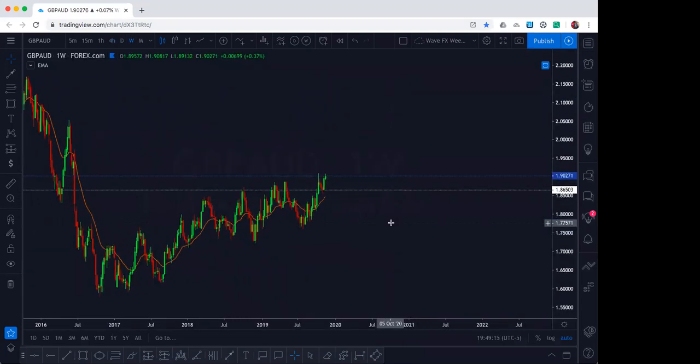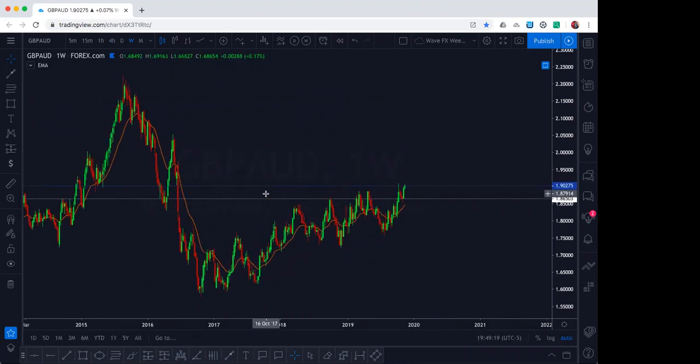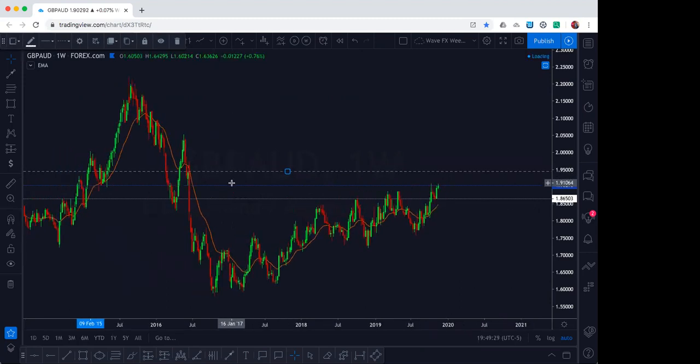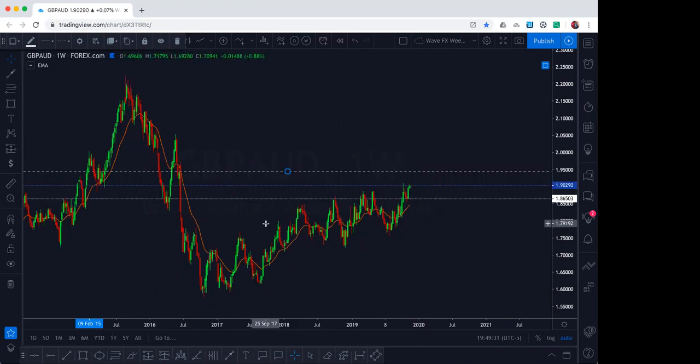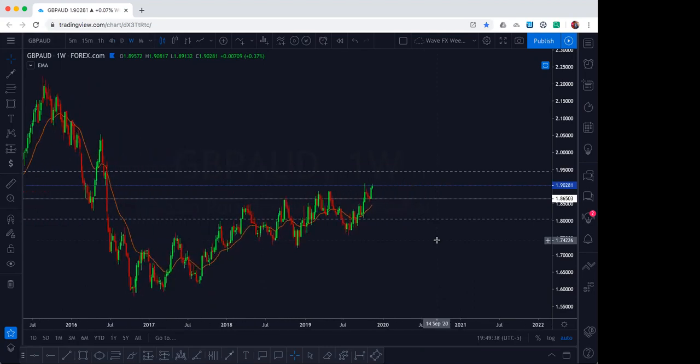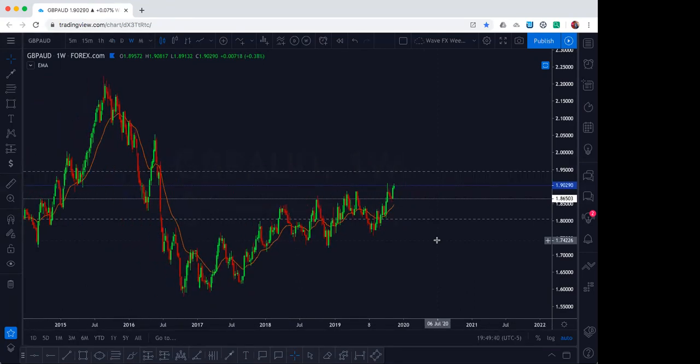Because I haven't traded this for a while, I'll just do a quick analysis on this. All right, so the market seems to be in a smooth uptrend here.